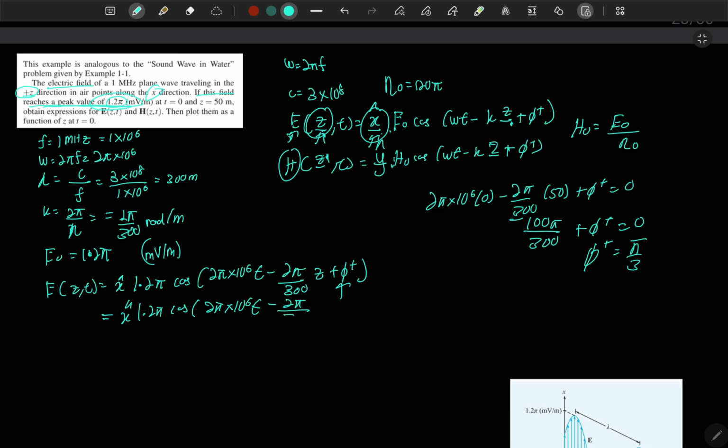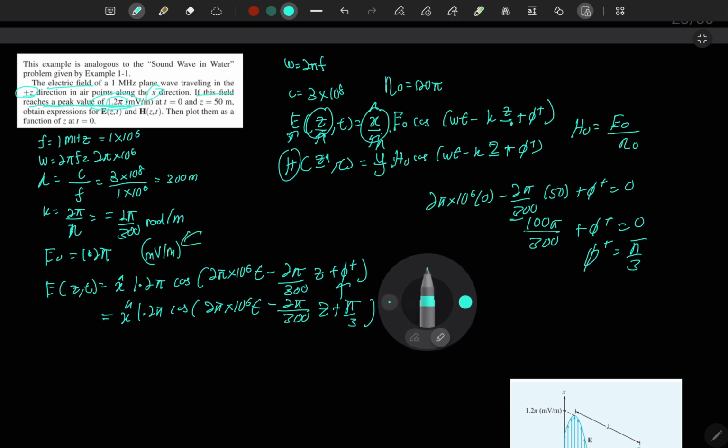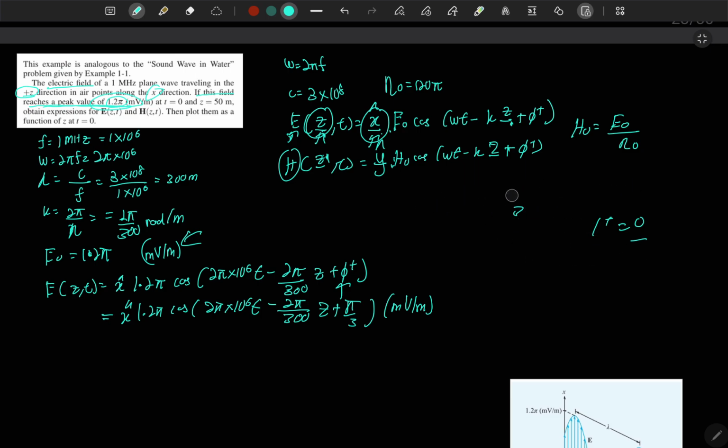It's complete. Now we notice that the E peak value was in mV over m. Nice. Now we have the electric field. We need to find the magnetic field. Now remember this. So H naught is equivalent to E naught over eta naught. So our E naught was 1.2 pi millivolt, meaning 10 negative 3.